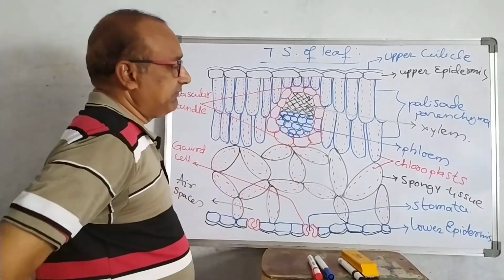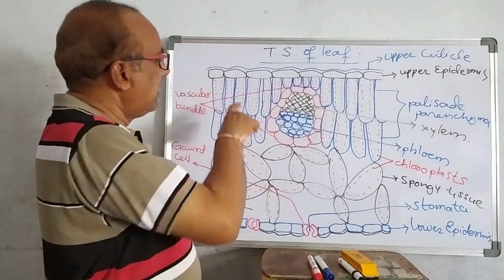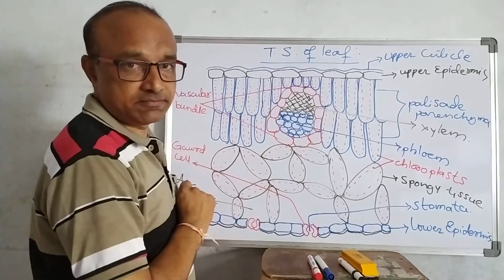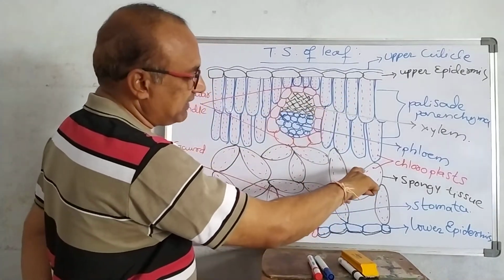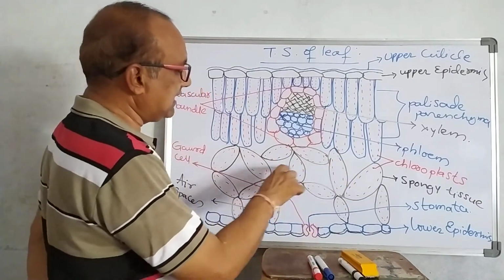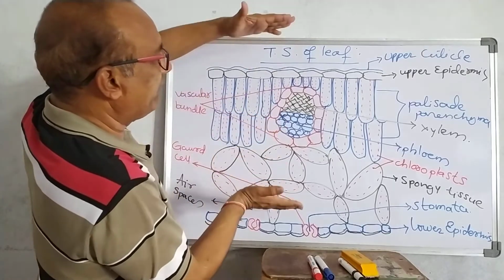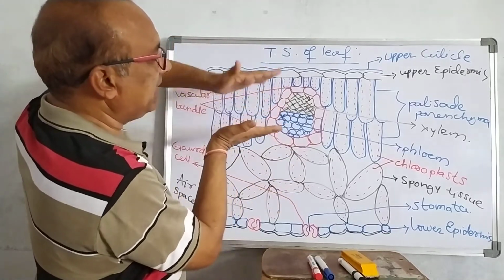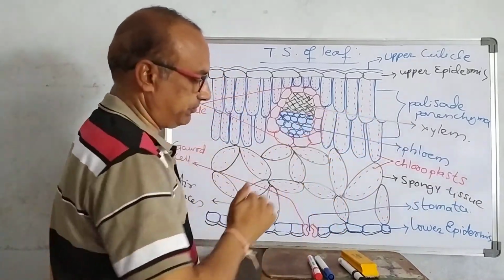Why is the upper surface of the leaf usually dark green in color? Because of more chloroplasts when compared to the lower surface of the leaf, where there are fewer chloroplasts. If you press the leaf from up to down or down to up, it feels spongy because of the spongy tissue.